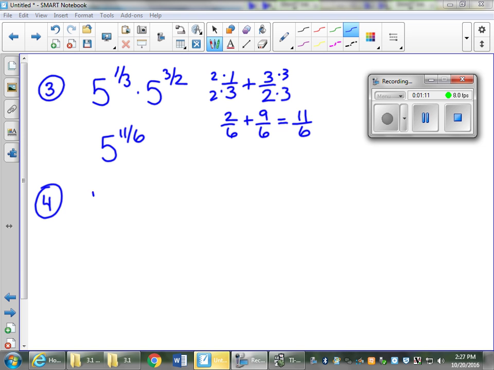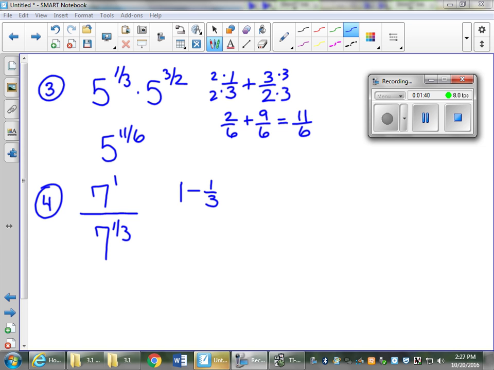Next one, we're going to have 7 over 7 to the 1/3. 7 is also as low a base as it can ever get, can't get lower. You can put an exponent in the numerator. That will be useful. So 7 is the same thing as 7 to the 1st power. So we again have same bases. When we are dividing same bases, we subtract the exponents. You could get common denominators for that, but you really should be able to do that mentally.